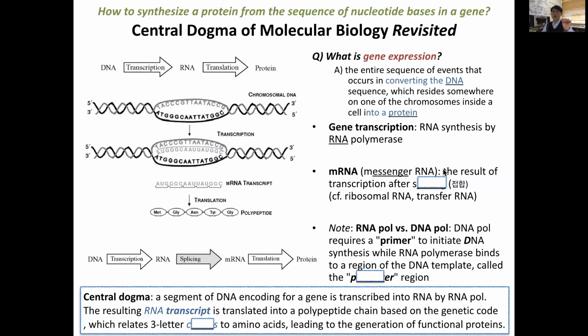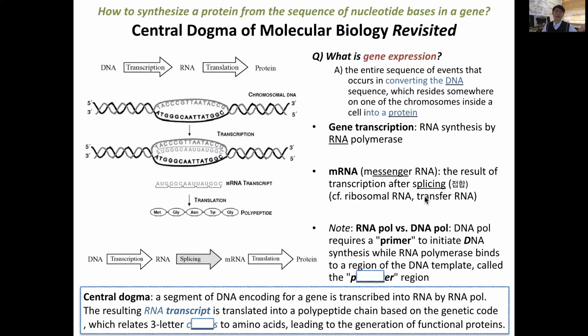That is the result of transcription after rejoining those exon regions together, so we call it after splicing. And there are other kinds of RNA molecules, such as ribosomal RNA, where translation occurs. And there is also transfer RNA, which is an adapter molecule.